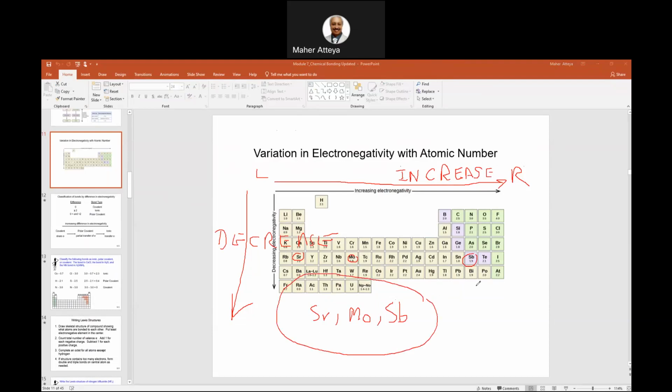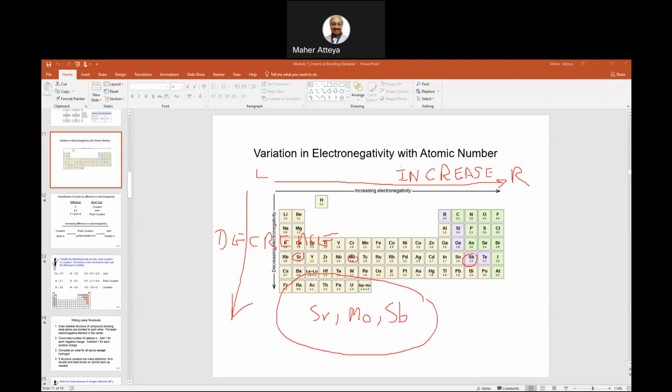electroaffinity, electronegativity. So electronegativity is the ability of an atom to pull valence electrons from adjacent atoms within a chemical compound, in a bonding chemical compound. Electroaffinity has nothing to do with the chemical compound.